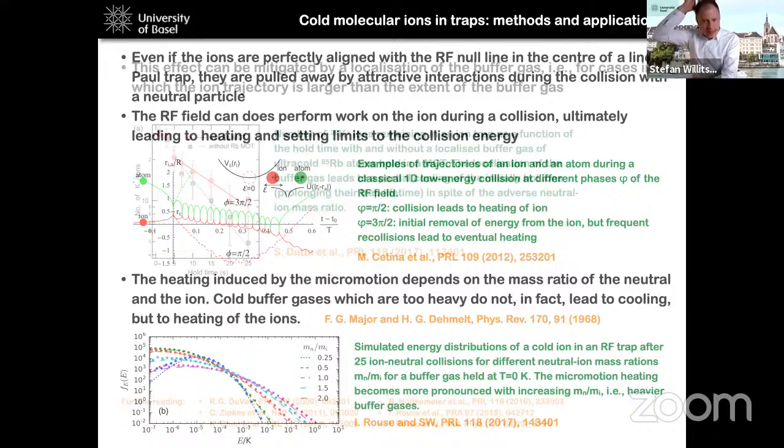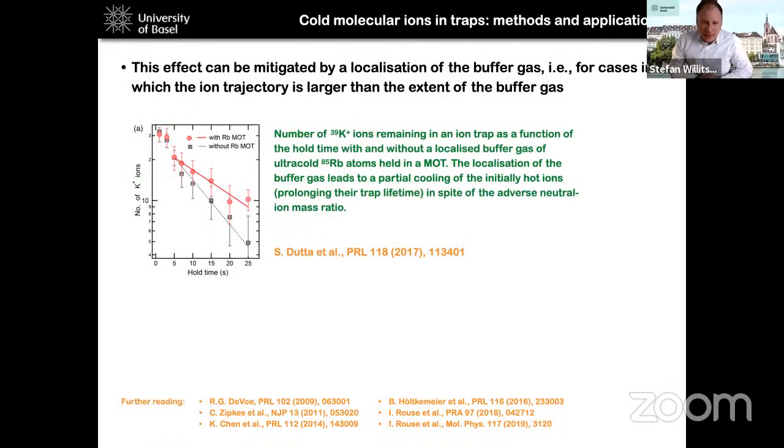So all of this needs to be qualified a bit, because it also turned out that the degree of heating and cooling is sensitively dependent on the shape of the ultracold atom cloud.